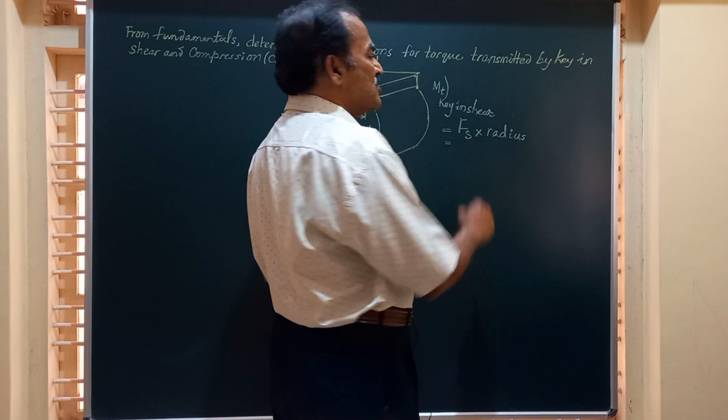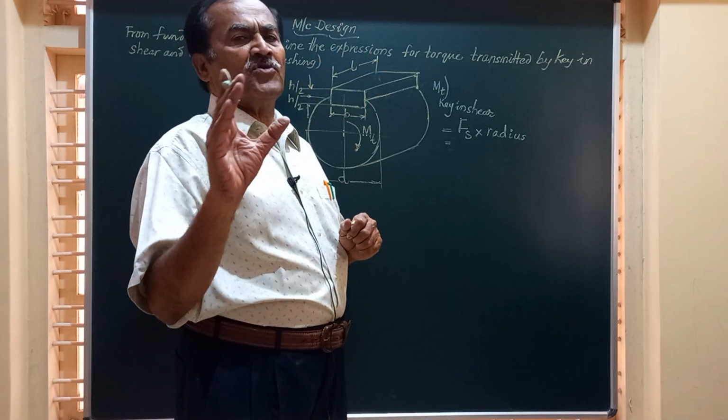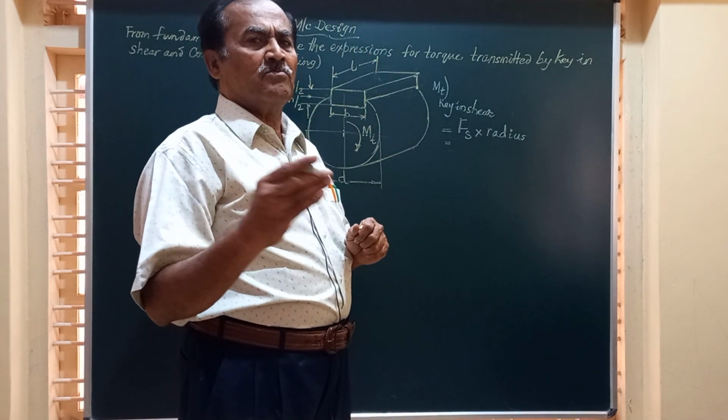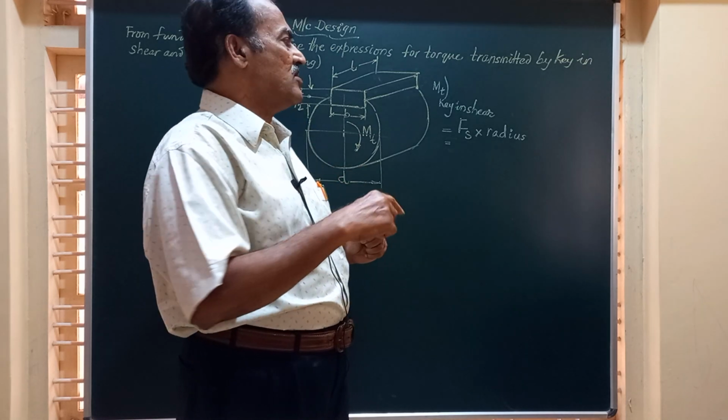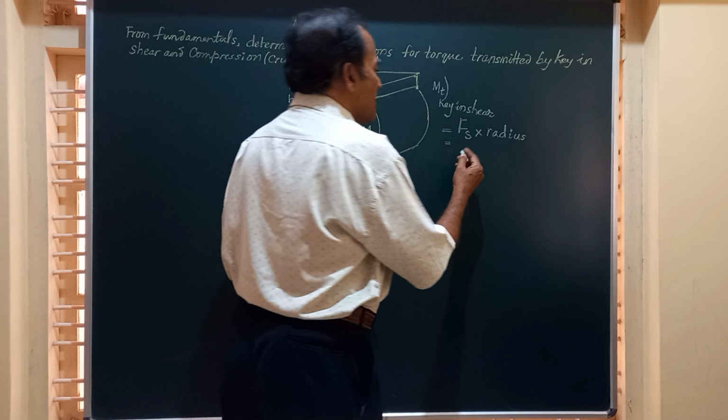Friends, what is this shear force? If you know the area under shear multiplied by the shear stress of the material of the key, you will be able to find out this Fs.